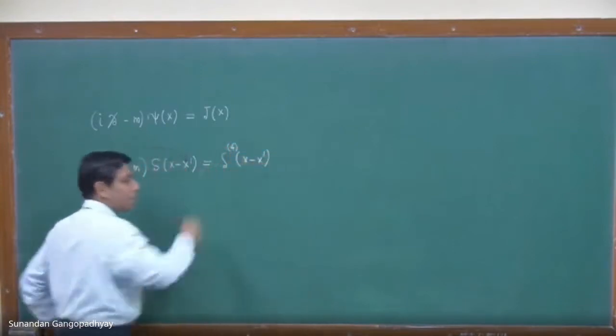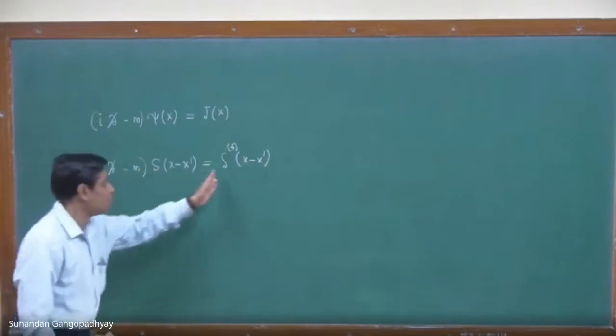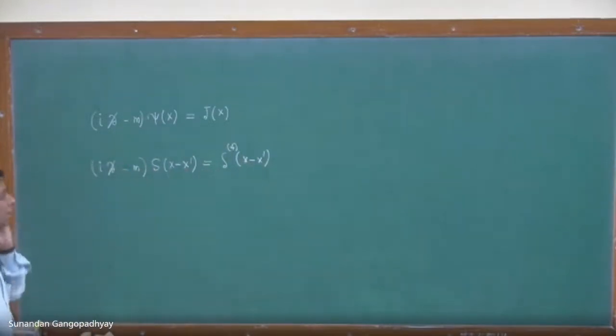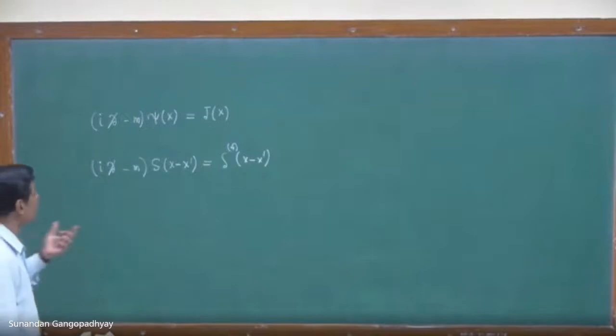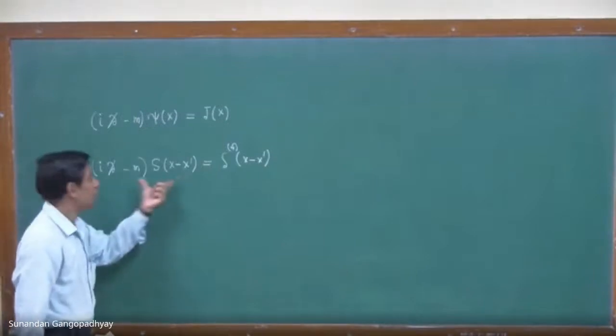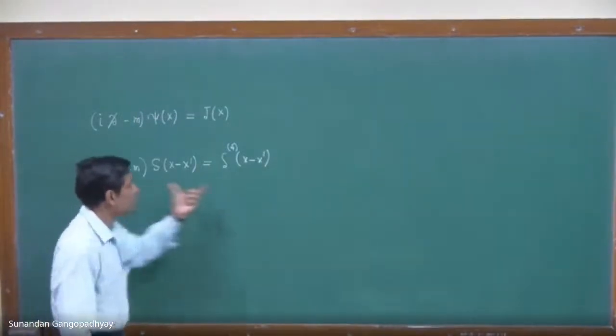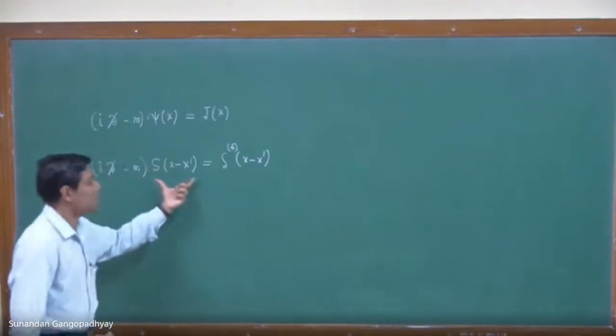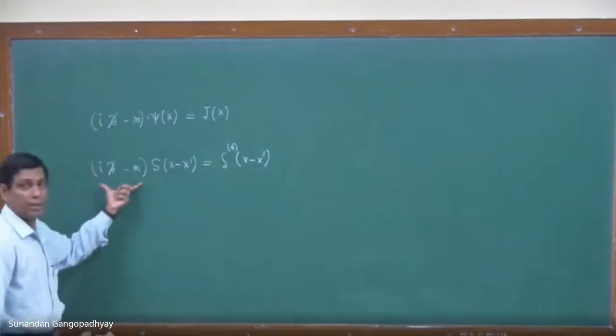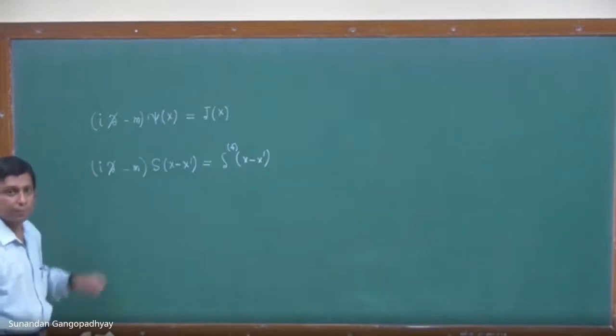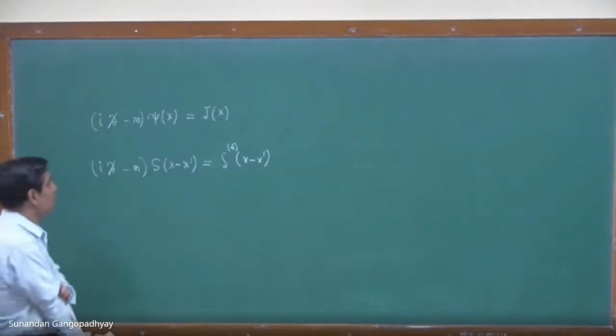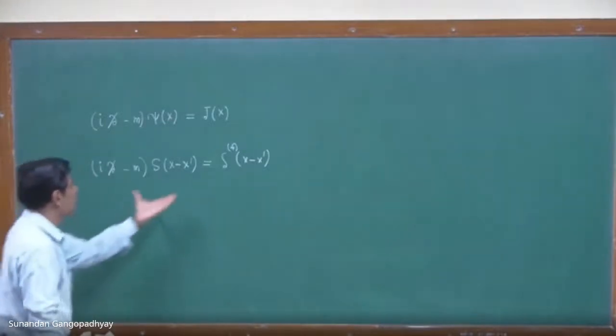You can put a minus sign here, or you cannot, it doesn't matter. As I mentioned, any function that satisfies a differential equation of this form is said to be the Green's function of this operator. In this case, this is the Dirac operator, and our aim is to find this function.